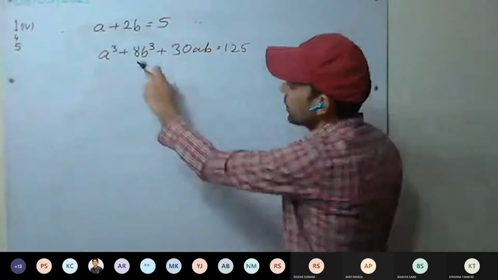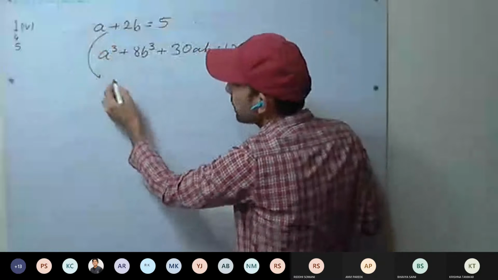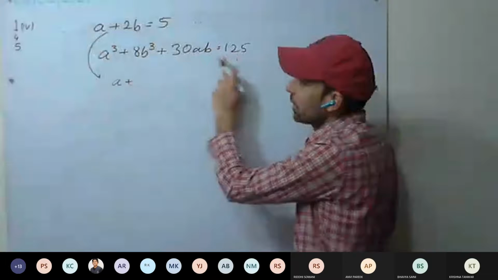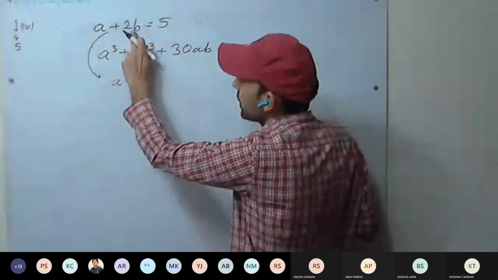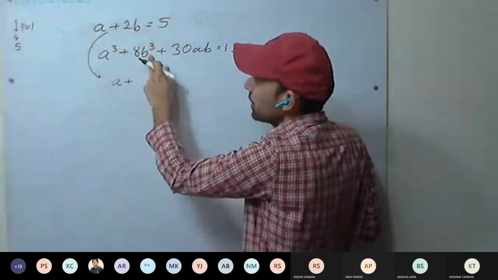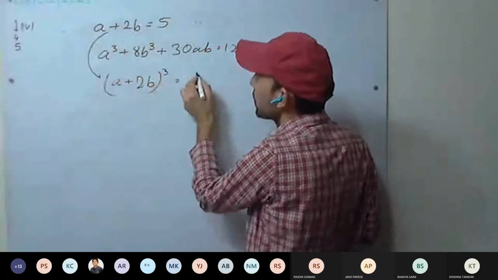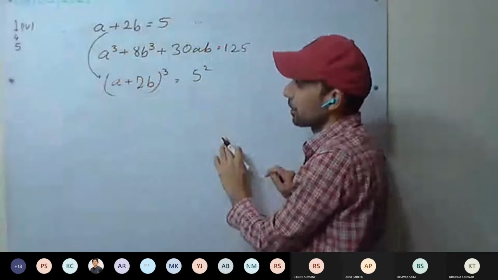How can you show this? Take this one. You can see 5, its cube is 125. Here a cube, here 2b cube. So a plus 2b, the whole cube we take, cube on both sides.